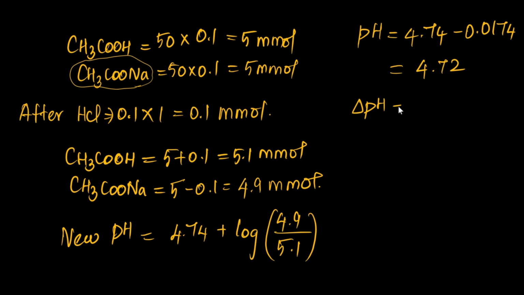They are asking the change in pH. So initially I had 4.74, now I have 4.72. So the change is 0.02. That is your change in pH. Depending on the option, you can approximate and give the nearest value.